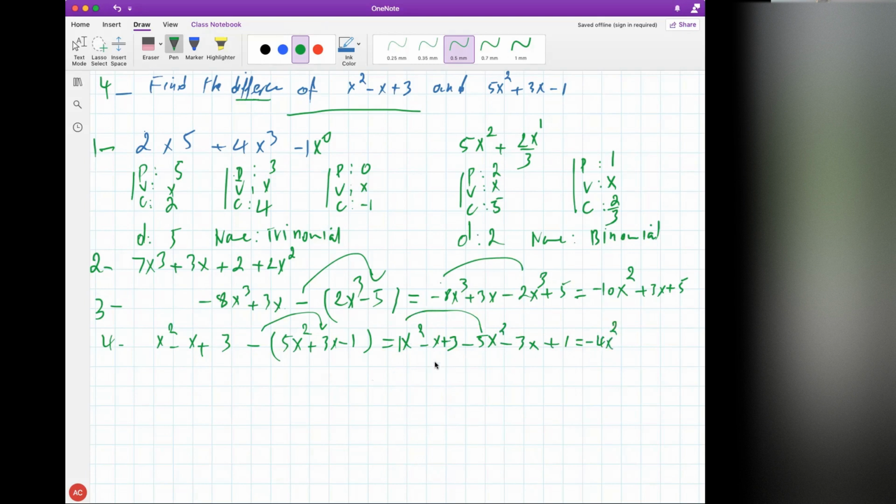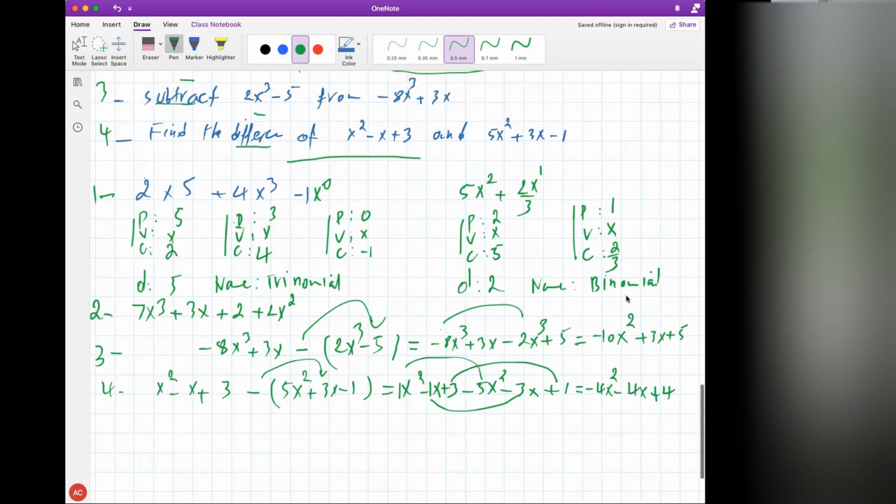What else can we combine? -x and the -3x. That would be -4x, because we have a negative here, -1 with a -3. That's -4x, and plus 4. That's right. Plus 4.